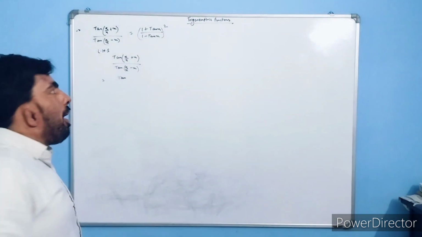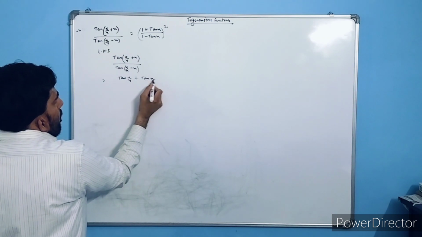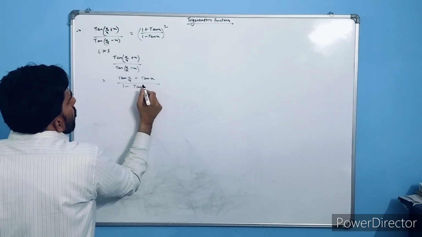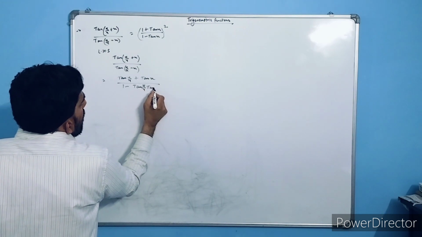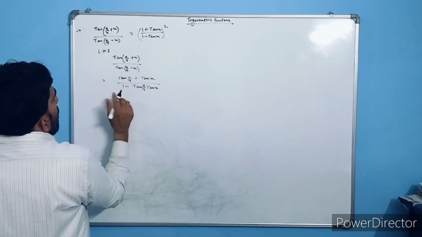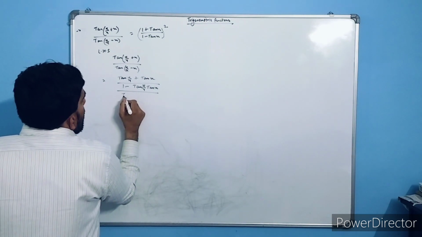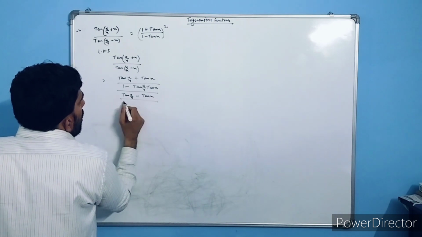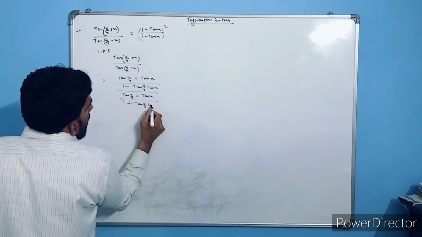Or we can say tan x plus y is tan x plus tan y upon 1 minus tan x tan y. Here x is pi by 4, y is x. So now in the denominator also we'll use tan a minus b is tan a minus tan b upon 1 plus tan pi by 4 tan x.